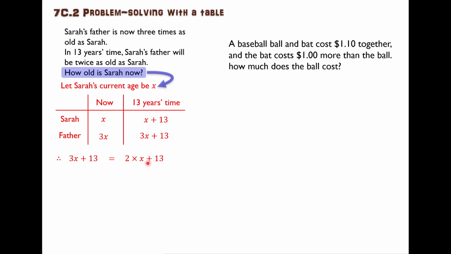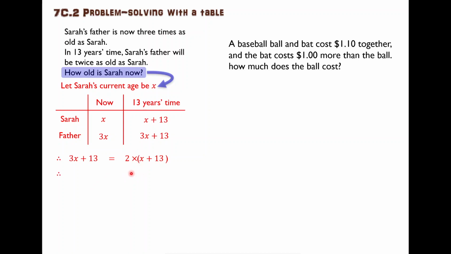There is a bit of a mistake in how I've written this, because this just looks like I've multiplied the x by 2. But really, it's all of Sarah's age. Sarah's age is this whole group of x plus 13. So I need to multiply the whole group by 2, and I can use brackets for that.